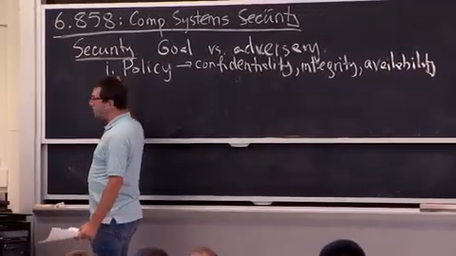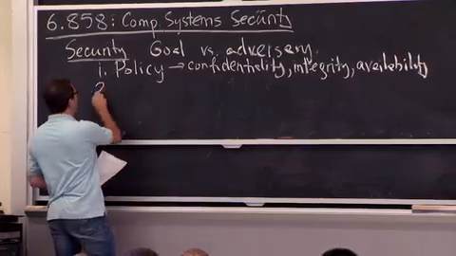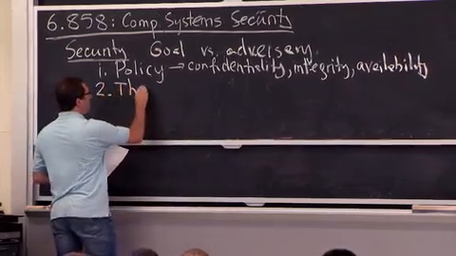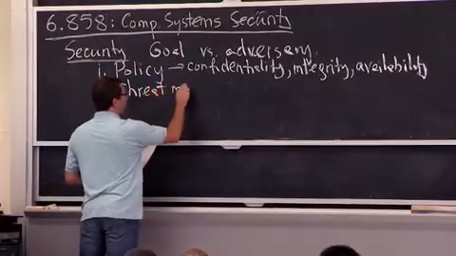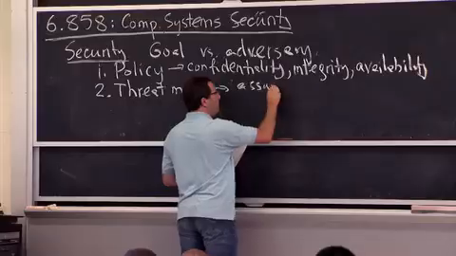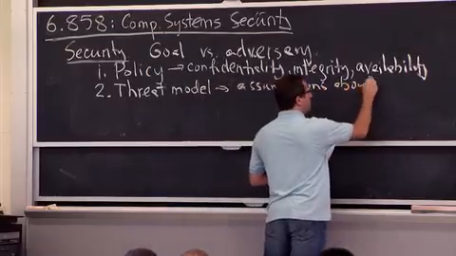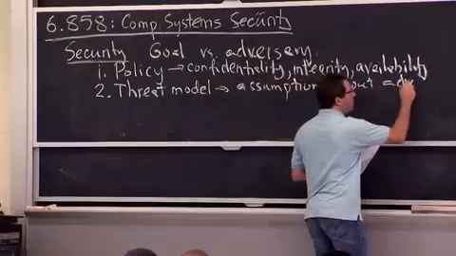These are the policies that we might actually care about from a system. But because of security, there's a bad guy involved. We need to understand what we are thinking the bad guy is going to do. And this is typically what we call a threat model. It's basically just a set of assumptions about our adversary.